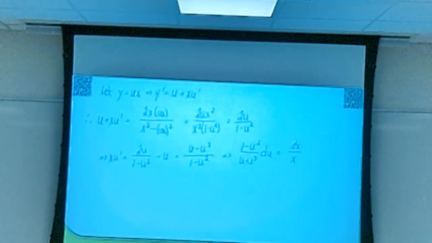Separate it. 1 minus u squared over u minus u cubed du is equal to dx over x.